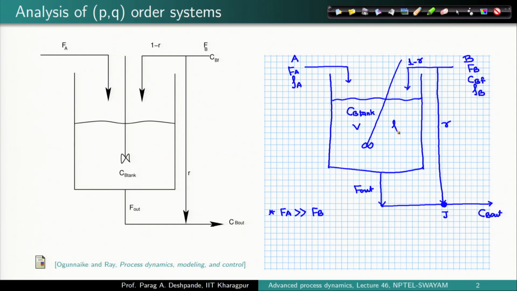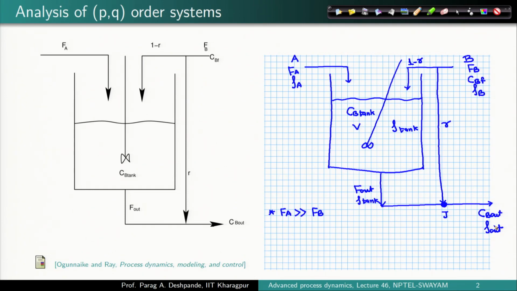Then you have rho tank, and after mixing takes place in the junction, you have rho out.